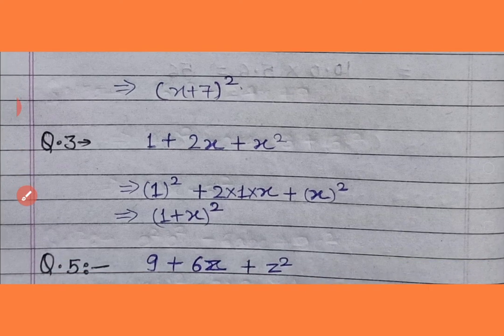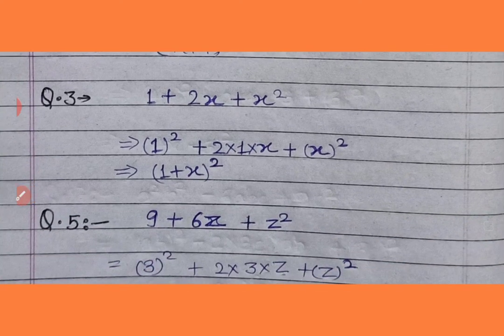Now in the next question, question number 3, 1 plus 2x plus x square. As I have told you, two terms should be perfect squares, but here there is only one perfect square. Then what do we have to do? Here 1 is given, so the square of 1 will always be 1. It can't change.